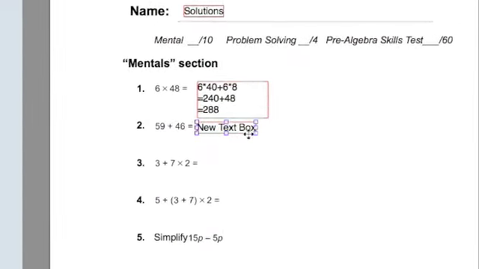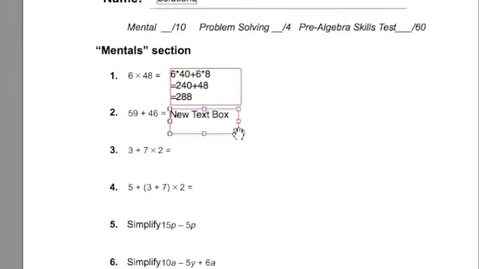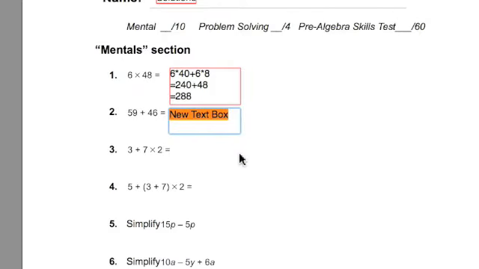Okay, and let's make it deep enough to do the answer. Right, 59 plus 46. Well, 59 plus 40 is going to be equal to 99.